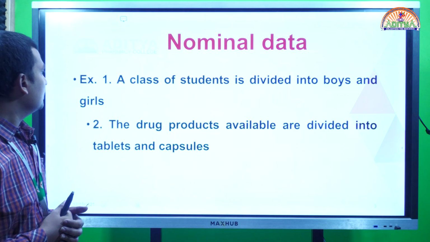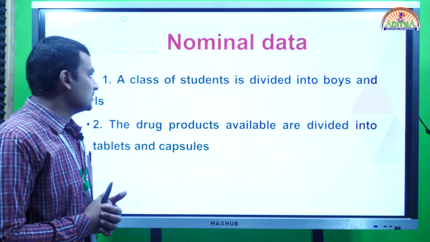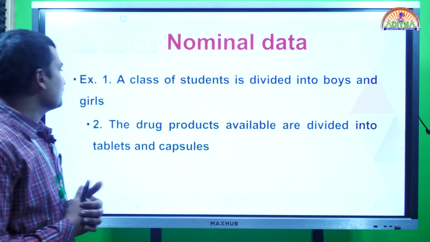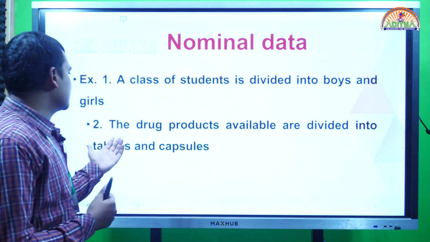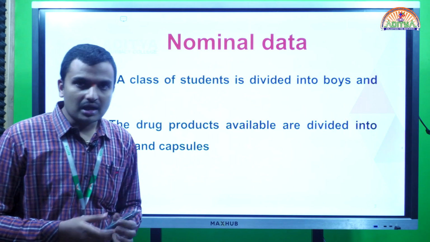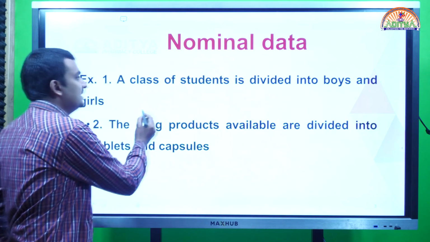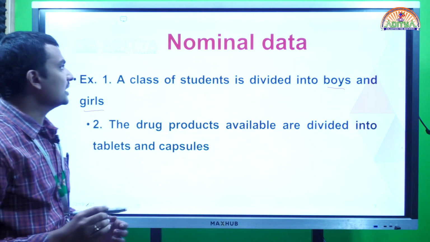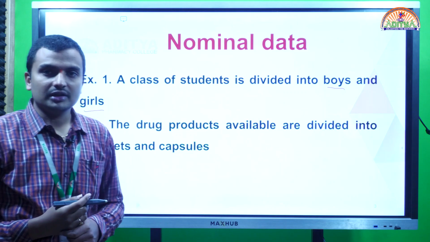For example, a class of students divided as boys and girls, or drug products divided into tablets and capsules. There is a division based on categories, so this type of data is called nominal data.